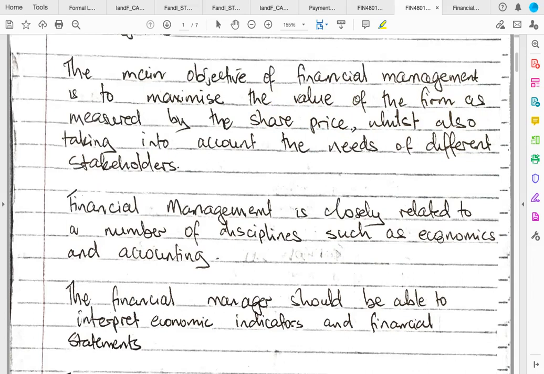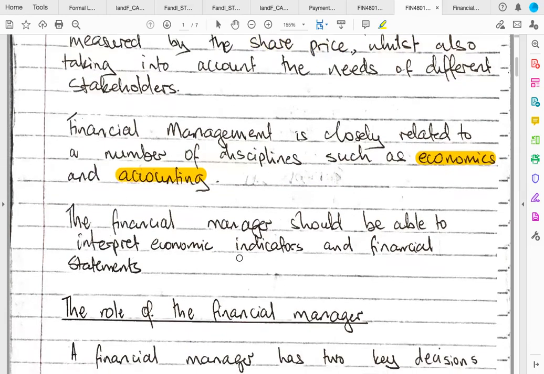Financial management is also closely related to a number of disciplines. To be a good financial manager, you need to have a good and solid grasp of economics and also accounting, because as a financial manager or a financial person in any financial function in a company, you need to be able to interpret economic indicators like inflation rates, GDPs, exchange rates, and so forth, and how they can affect your company and your financial plans.